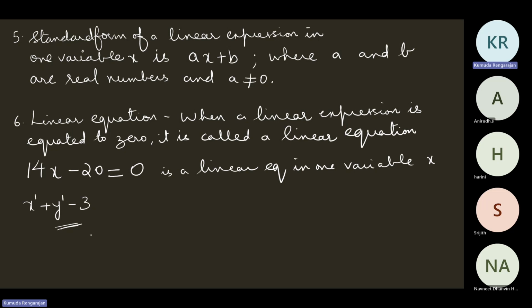So this is an example of a linear expression in two variables x and y. Now, when you equate this to 0, it's called a linear equation. When you equate this to 0, this is a linear equation in two variables, x and y.